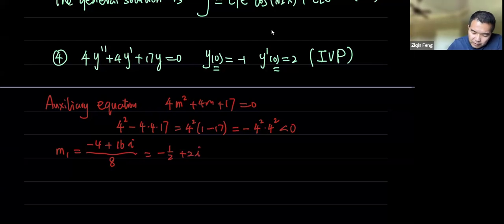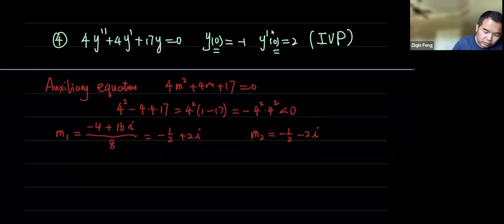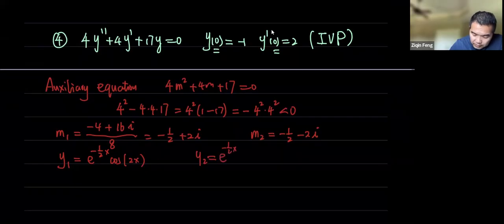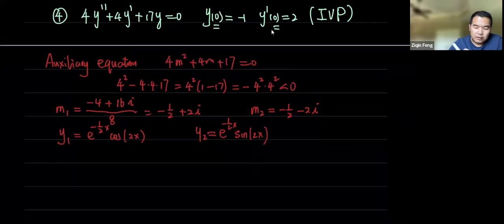If you get one of them, the other one is its conjugate, negative 1 half minus 2i, right? So we get our two solutions. y1 is e to negative 1 half x cosine of 2x, and y2 here is e to negative 1 half x sine of 2x. Right, the general solution is y equal to c1 y1 plus c2 y2.